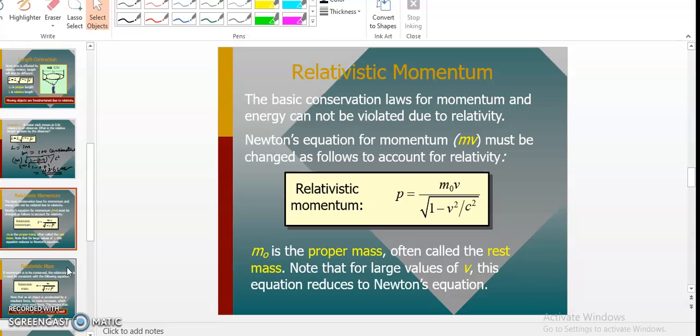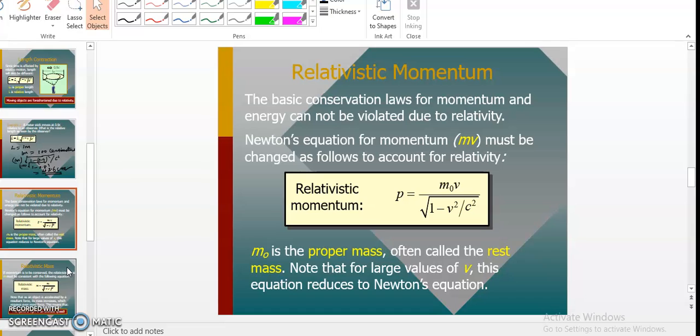It can only be transferred from one form to another, so we can't violate that law. Newton's equation for momentum, as we know, is mv, and it must be changed as follows to account for relativity. For us to be able to calculate the relativistic momentum of any object, we have to consider this formula.